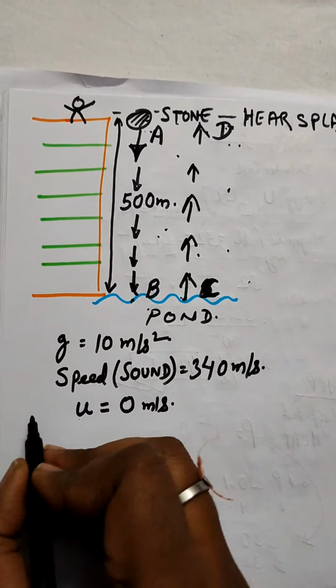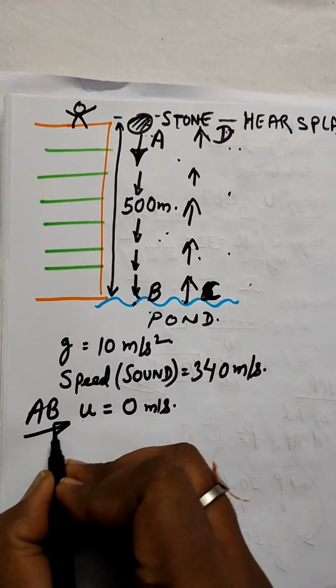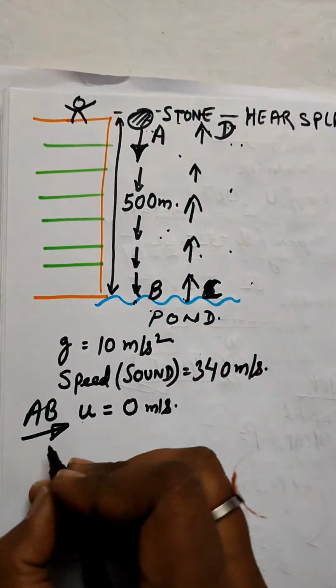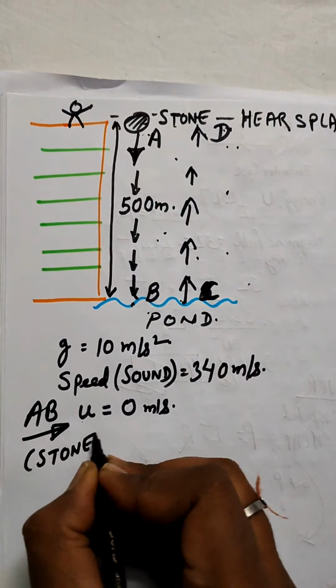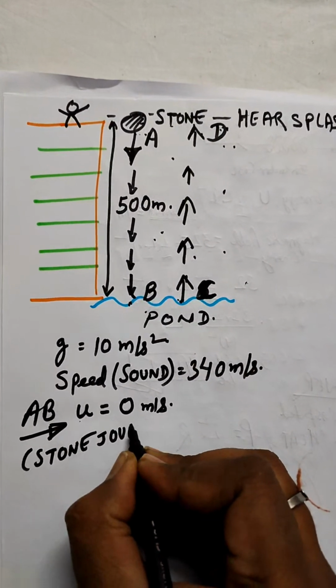So I am just considering AB, for the journey of AB. AB, I mean to say the stone journey.